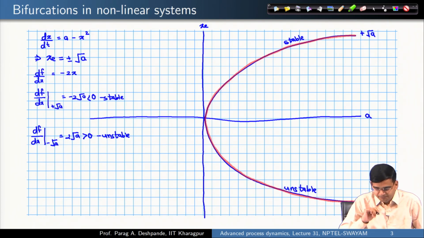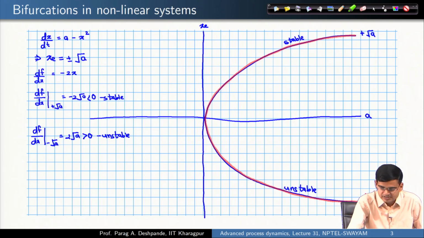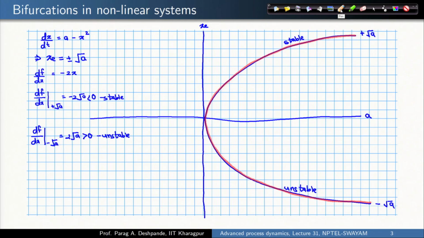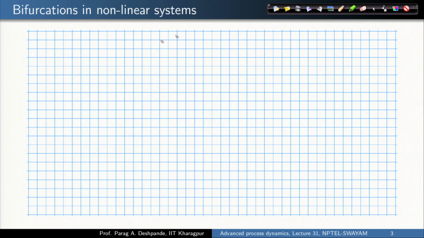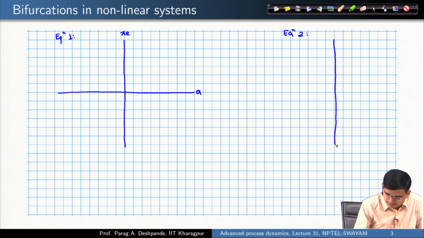So, now in the previous case, what you saw was that the bifurcation diagram looked like this. In the previous case, equation 1, the bifurcation diagram, a versus x e, and equation 2, the bifurcation diagram, a versus x e, they looked like this.